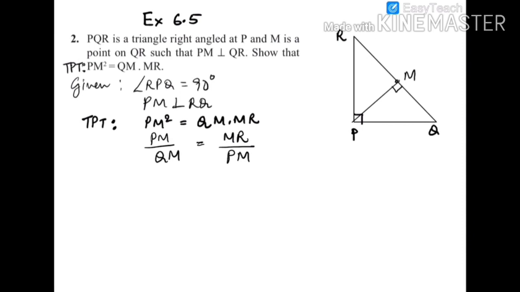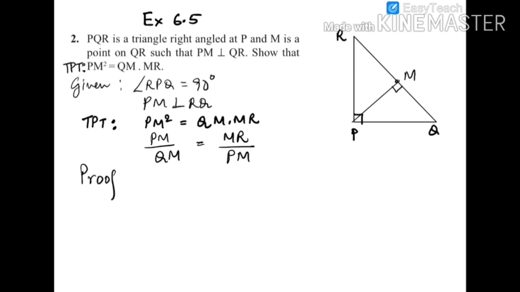We have to look at the terms in the numerator, PM and MR. PM and MR are sides of triangle PMR, and QM and PM are sides of triangle PMQ. So we have to show these two triangles similar.